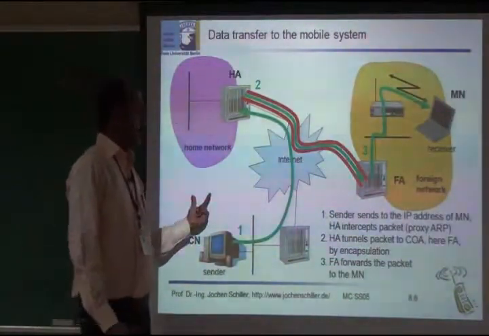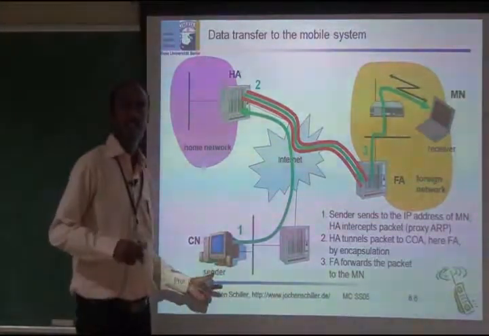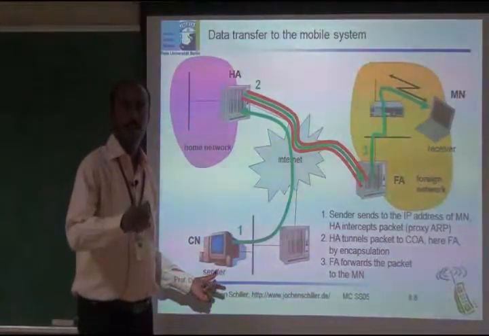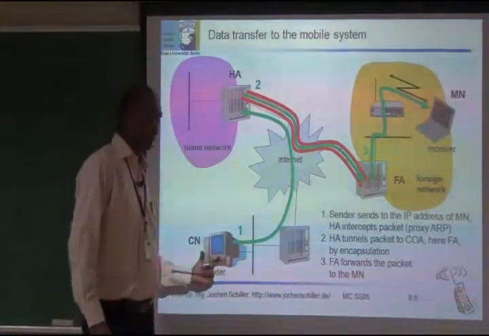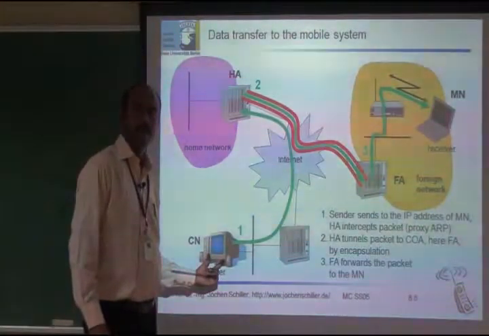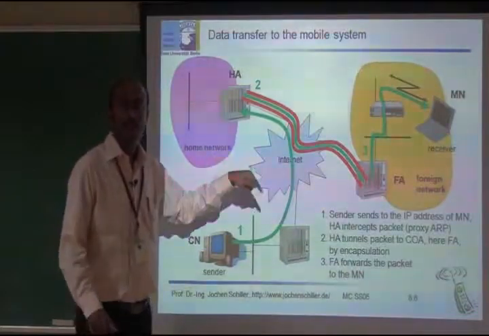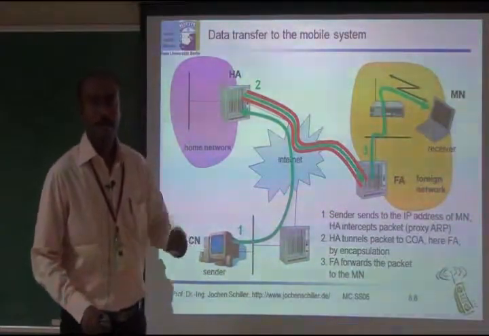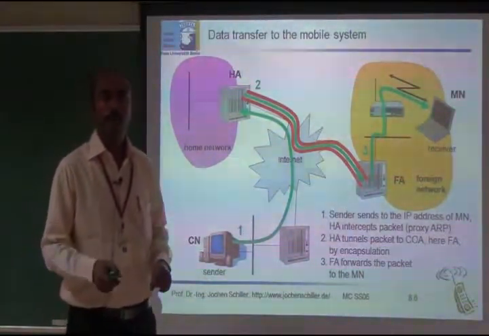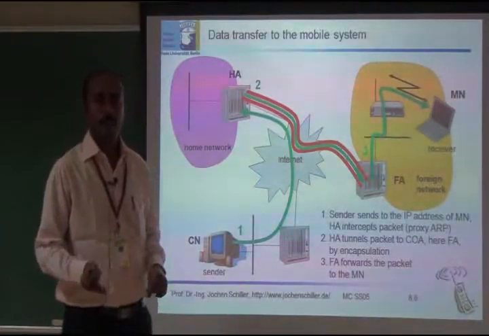When the correspondent node enters the wireless network for the very first time, it will store its IP address in the home agent. Likewise, the home agent, as I have already said, may be a mobile node or any networking device like a switch or router.